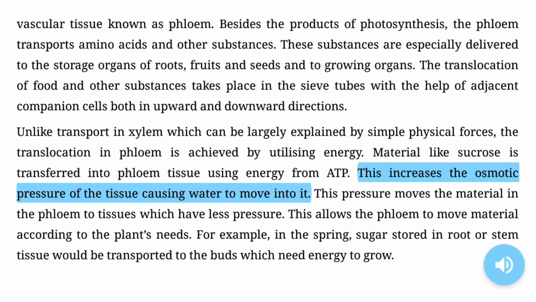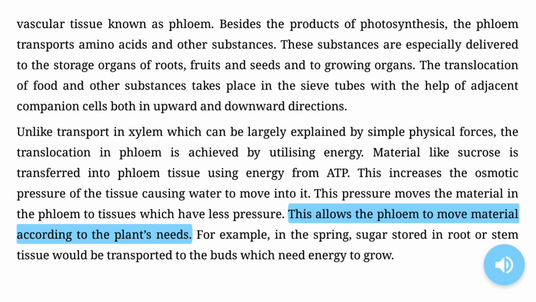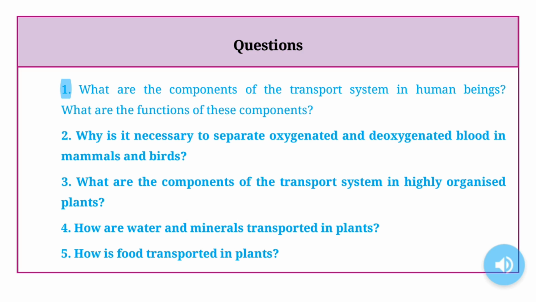This increases the osmotic pressure of the tissue, causing water to move into it. This pressure moves the material in the phloem to tissues which have less pressure. This allows the phloem to move material according to the plant's needs. For example, in the spring, sugar stored in root or stem tissue would be transported to the buds, which need energy to grow.